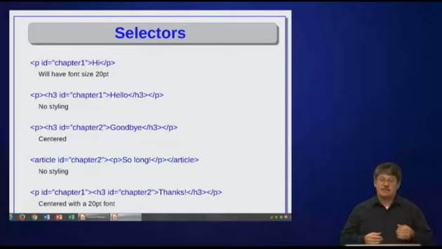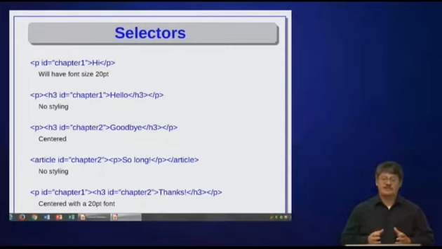In the third example, we have an H3 tag with ID set to chapter 2, and it's inside a paragraph tag. In this case, the text still won't be 20-point font because the paragraph tag doesn't have ID set to chapter 1. However, the H3 element has ID set to chapter 2, and it's inside a paragraph tag. So this text, the word goodbye, will be centered on the page.